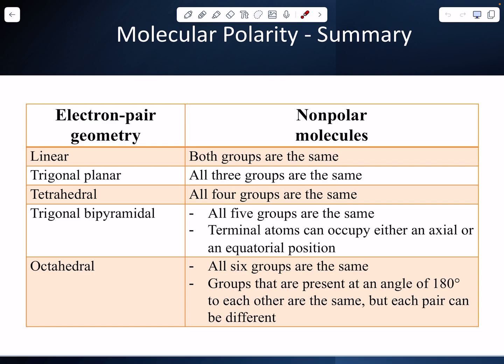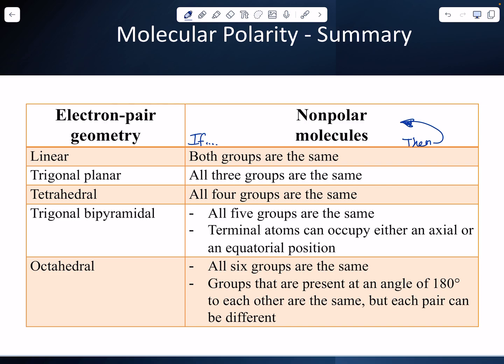Okay, so if you have trigonal planar geometry, and we looked at one of these examples, that was our three-way tug of war, if all the groups around your central atom are the same, all three of those atoms are going to be pulling on the electrons with the same force, if you will, and so that will make a nonpolar molecule because all the dipoles are going to add up to 0.